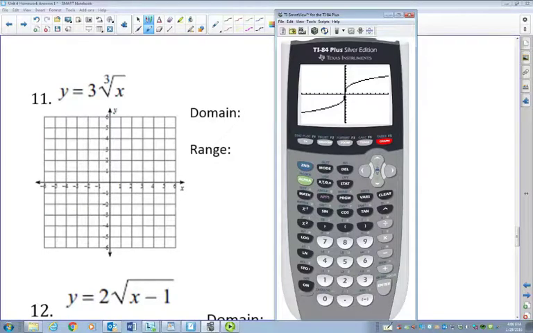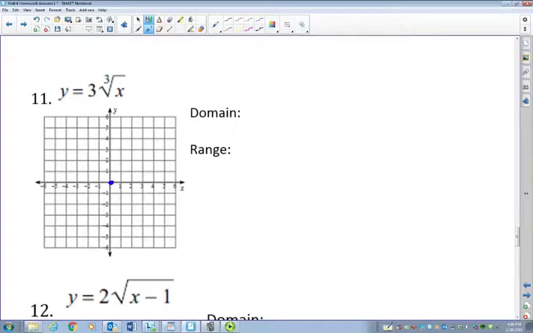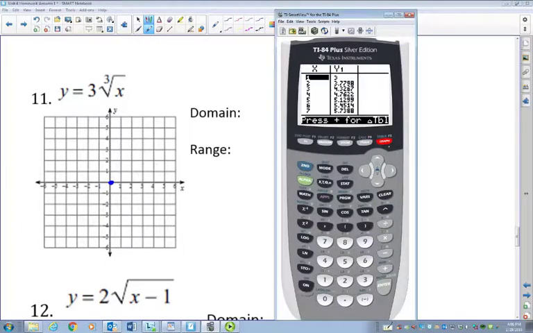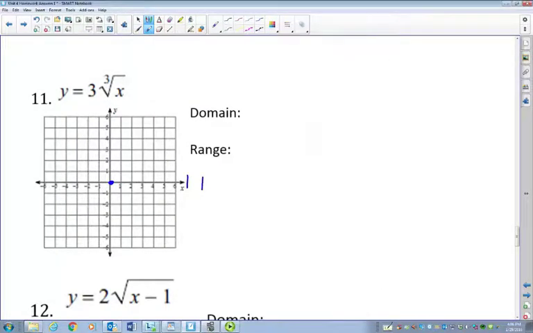Cool. So we can push the trace button. We have 0, 0 is where it is. This is kind of faster than choosing points, huh? In fact, if you go to second table, that's going to give you the whole numbers. So at 8, we get the number 6. So over 8, and then up to 6 is right about there.